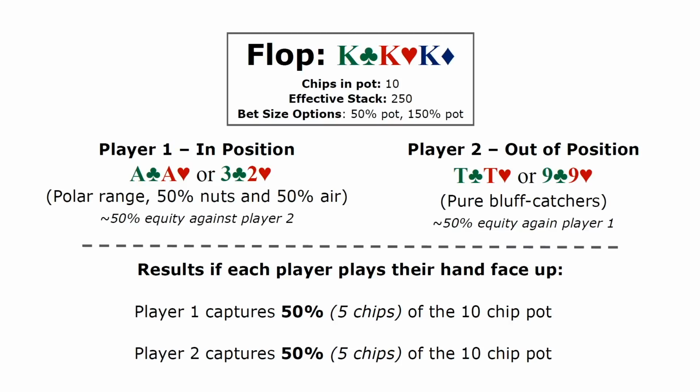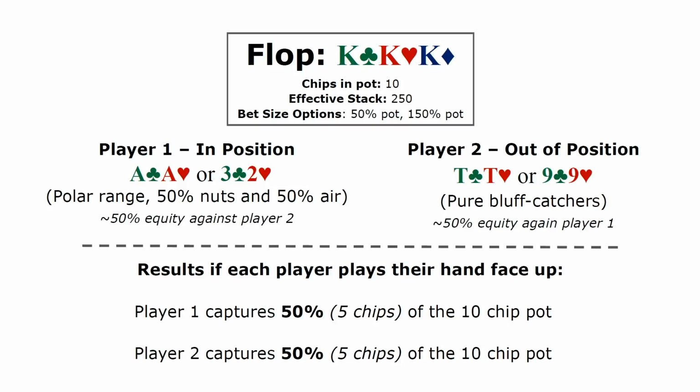If each player can see the other player's cards, then each player is going to realize their equity and capture about half of the pot on average. This is because player 2 is only going to put chips into the pot versus 3 high, and is just going to fold when the other player has aces, and player 1 is just going to fold their 3 high when the other person has pocket 10s or pocket 9s.